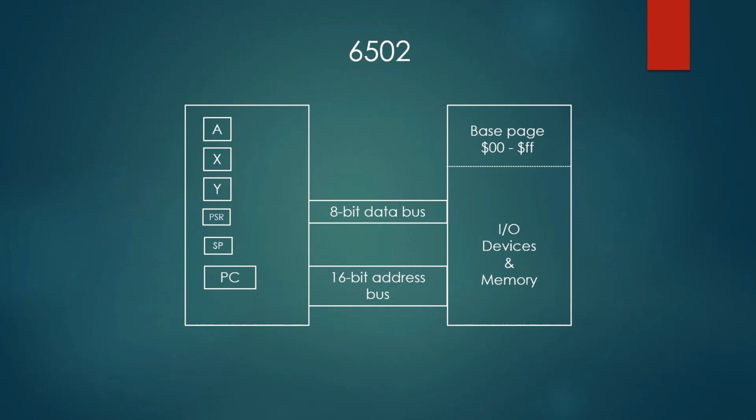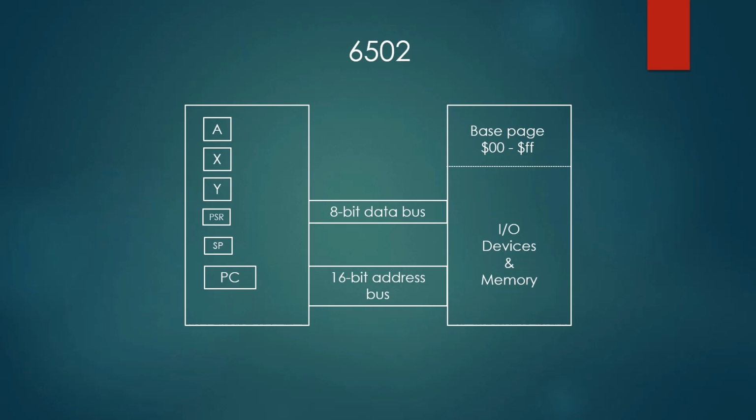The stack pointer indexes the stack area and is used to contain temporary variables, but most importantly, the return address of the last subroutine call. You'll learn about subroutine calls later on. The PC, or program counter, is the only 16-bit register, and it points to the next instruction to be executed.